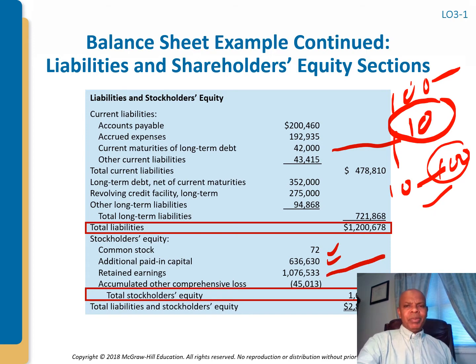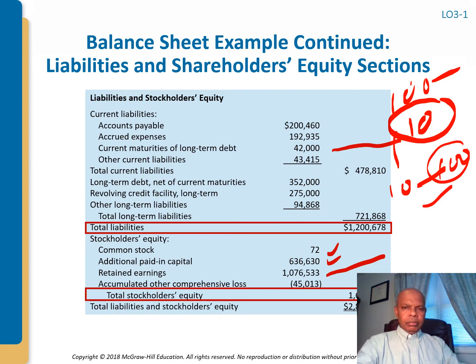And retained earnings, I explained what retained earnings is. You keep the profit in the business. You have an income, you have expenses, then you have profit, right? Income minus expenses gives you a profit for that year. Then from that profit, you can pay a dividend to shareholders. If you pay a dividend, you deduct that as well. And then what is left is retained earnings for that year, right?